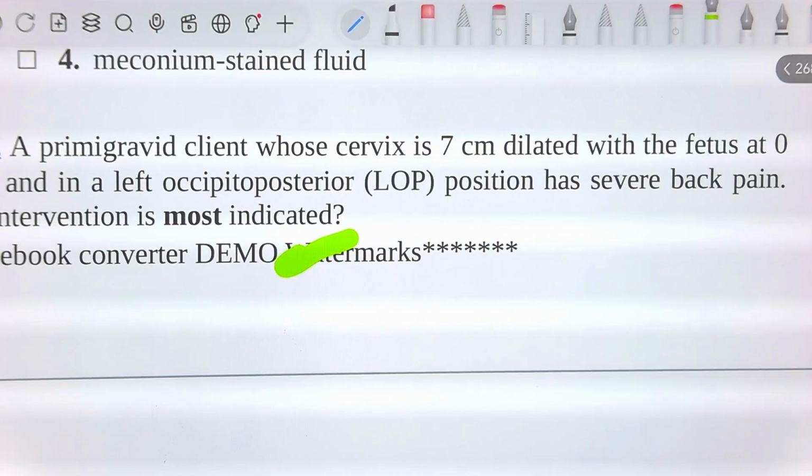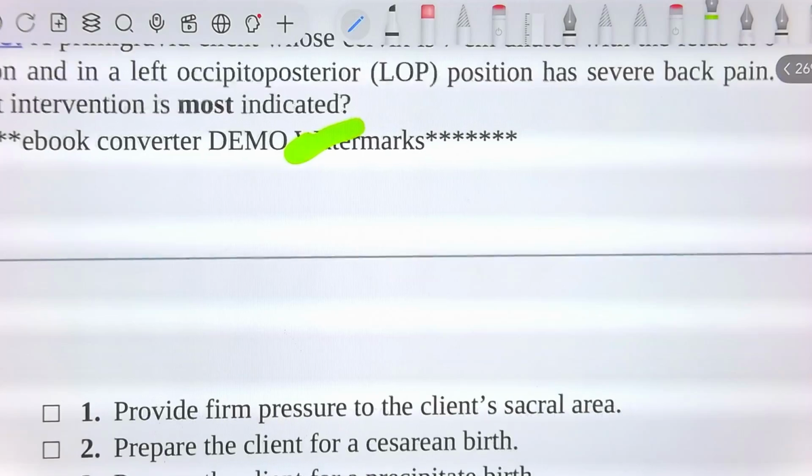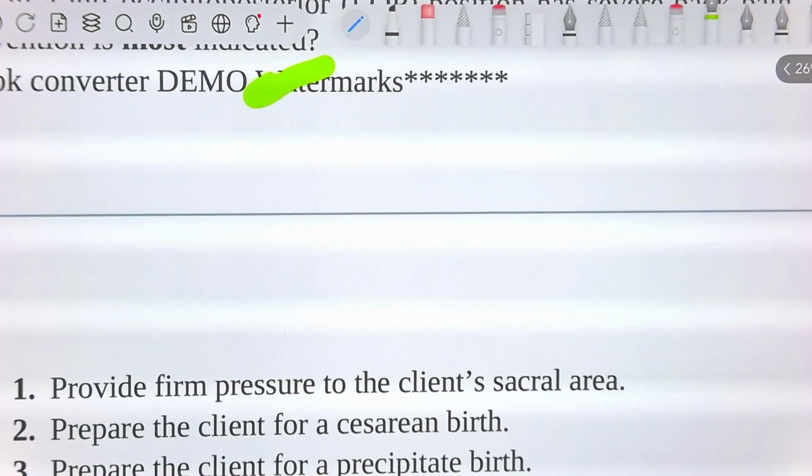Now, next question. A primary gravid client whose cervix is 7 centimeters dilated with a fetus at zero station in a left occipito anterior position has severe back pain. Which intervention is most indicated in severe back pain? Read all the options.